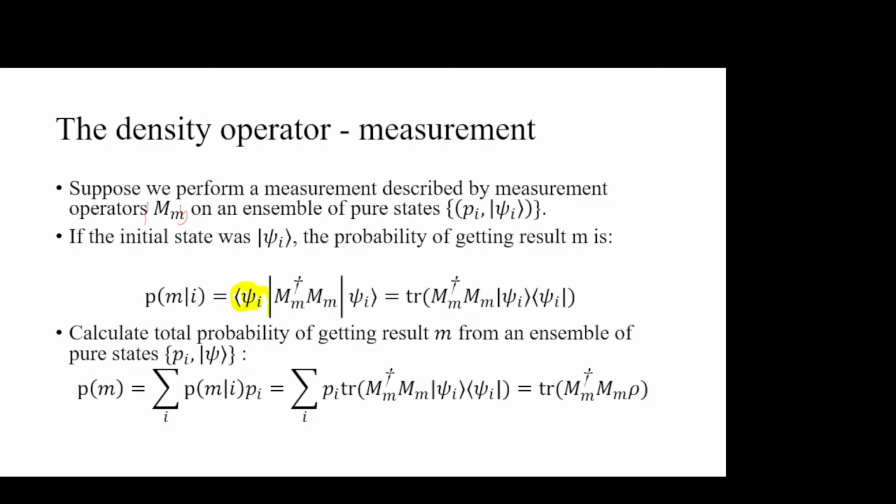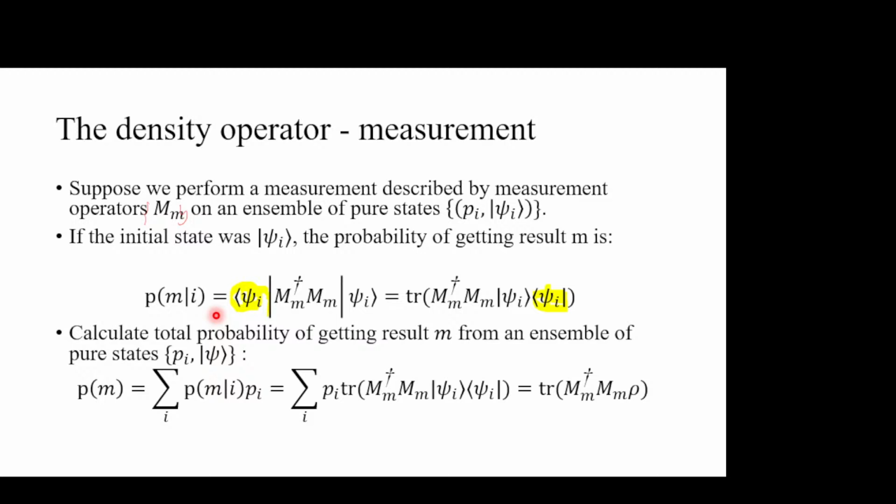We see that this thing is the trace of M_m dagger M_m times |psi_i><psi_i|. That's the probability of getting outcome m when the input is psi_i.